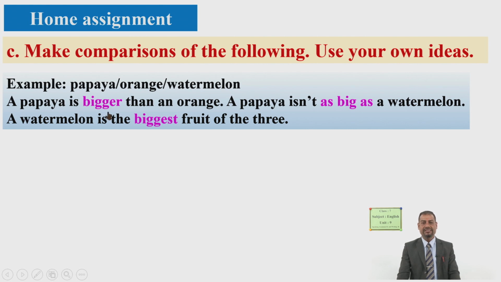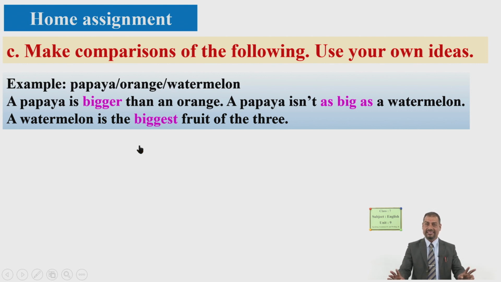A papaya is bigger than an orange. And again, a papaya is not as big as a watermelon, okay? We use this structure, as plus adjective plus as, okay? A watermelon is the biggest fruit of the three. So here you can find comparative form, here also comparative form, and here superlative form is used.